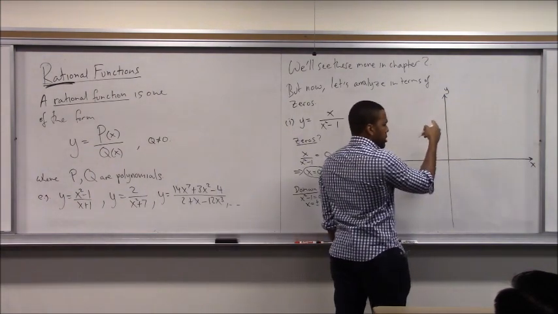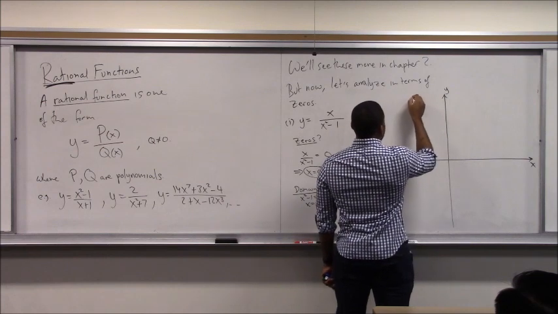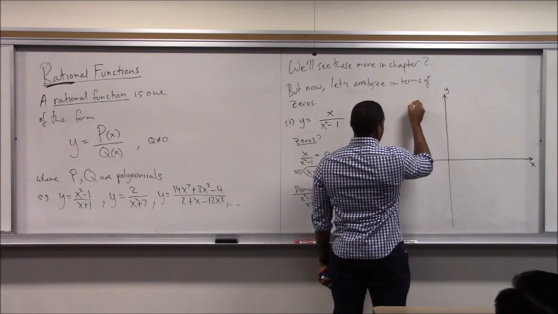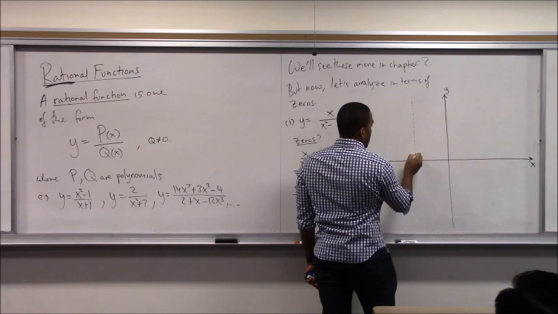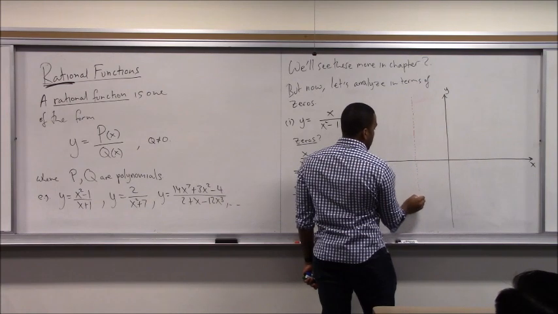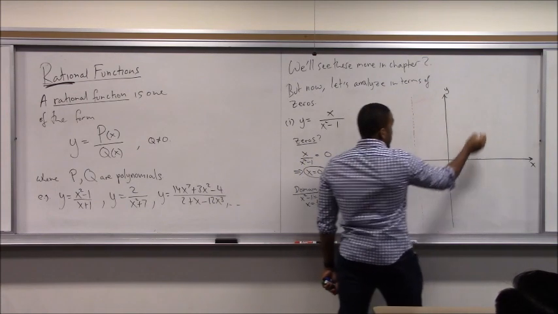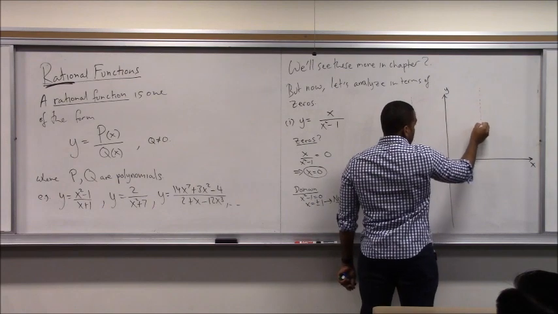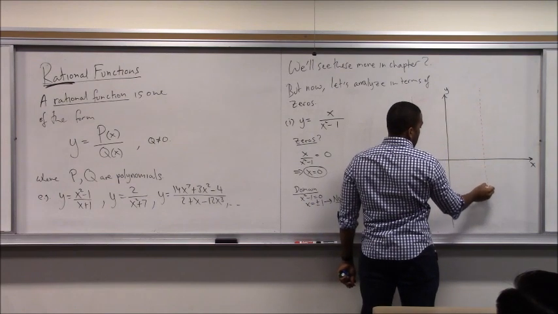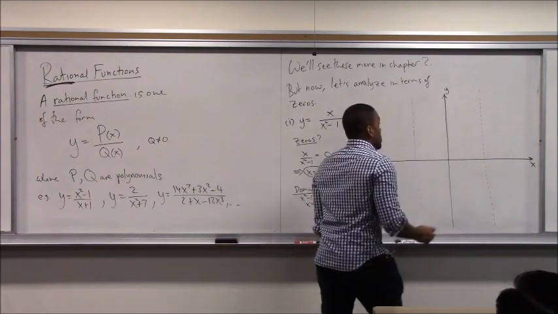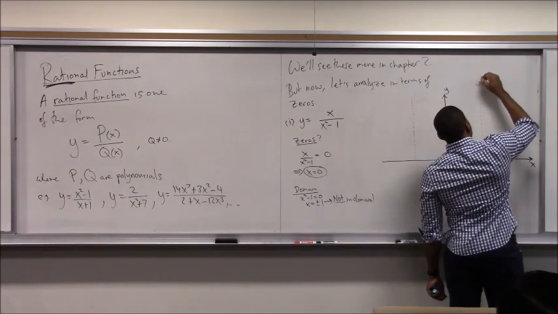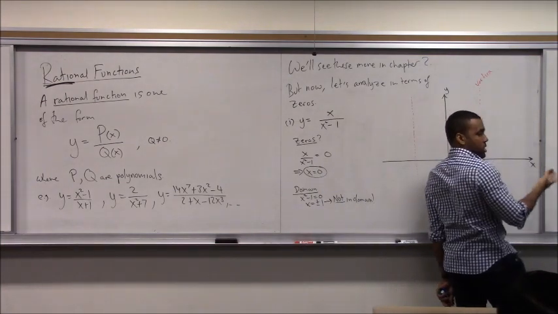We'll talk about these in the future as well. In this case, there's a vertical asymptote. This is not a part of the graph. It's just an invisible line, a barrier that we know we cannot cross. We cannot touch this barrier. This is called a vertical asymptote because it's vertical.